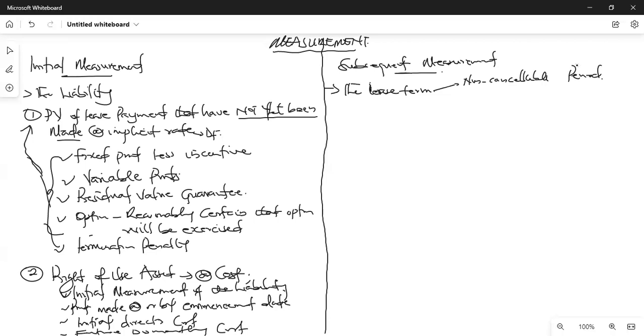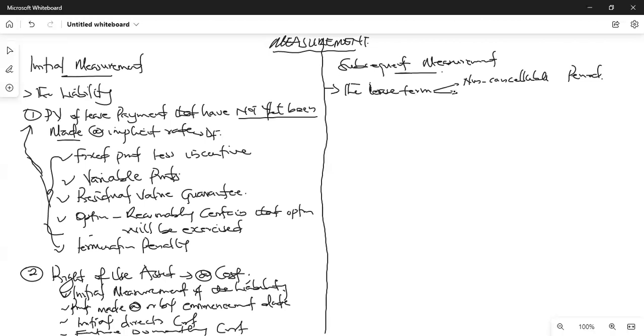Now, if you are going to extend the option that we spoke about, then your lease term is a time that will include the option to extend. If it is reasonably certain that you will extend, that extension period becomes part of the lease.